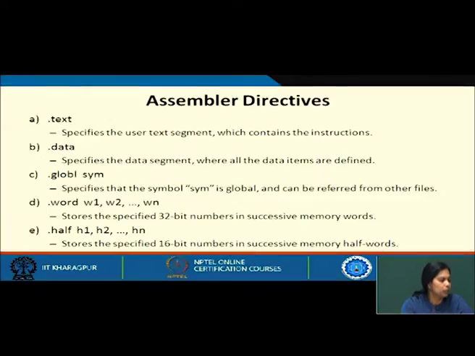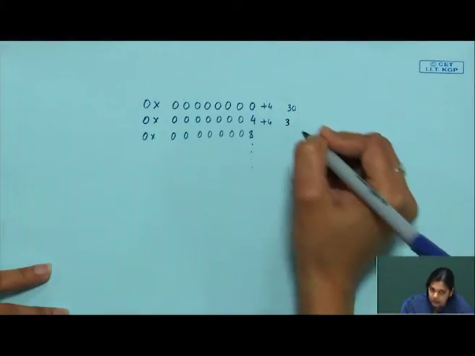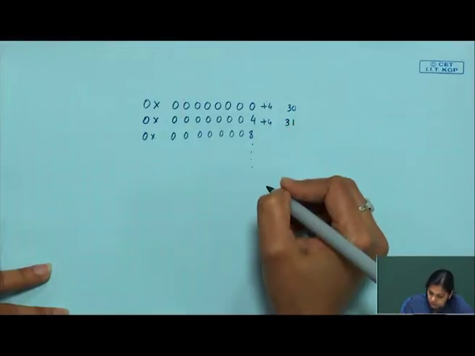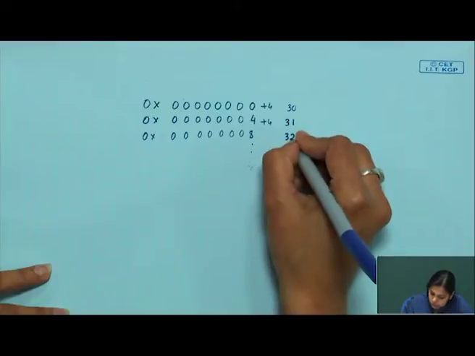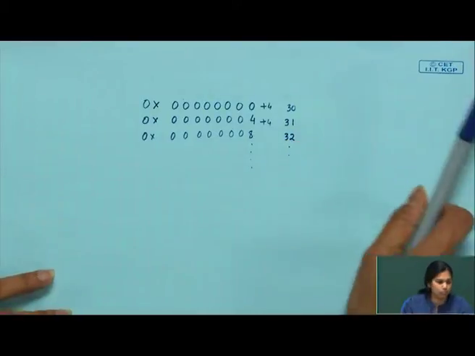A word is 32-bit. If your first word is stored in this location, let us say you have stored some word that is 30 in this particular location, then the next word will be stored in the next location, that is 31 will be stored here, 32 will be stored here, and so on.